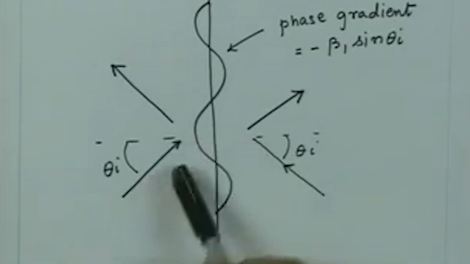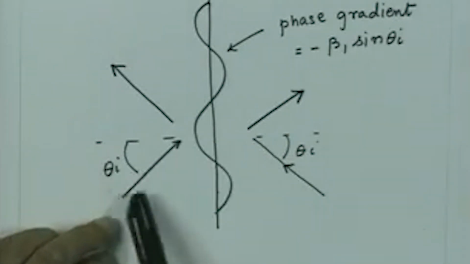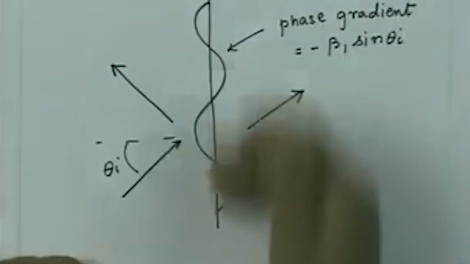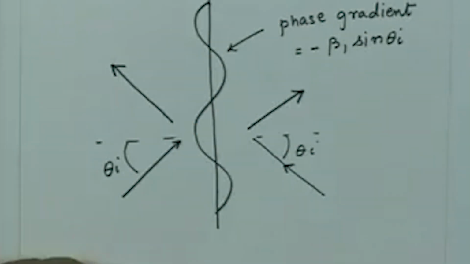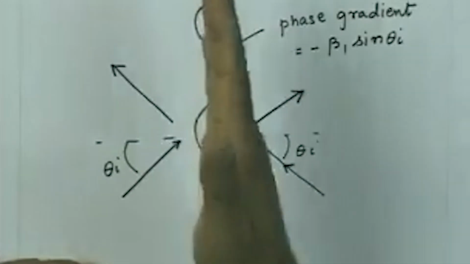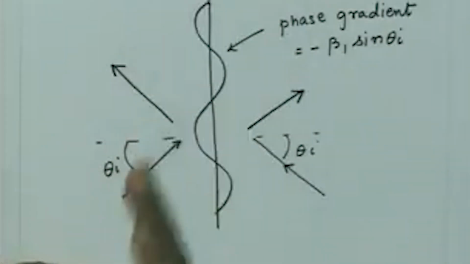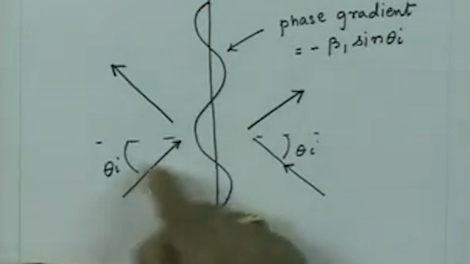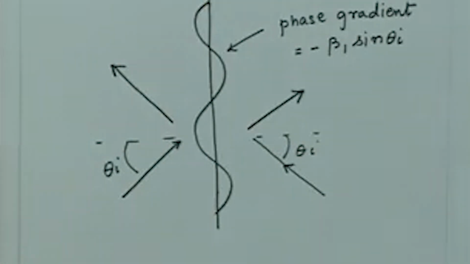Now, for this wave, the wave vector lies in the plane of the paper, which is the xz plane. So, if the amplitude is constant in this plane, if there is no phase gradient in this plane, then the wave normal lies in the plane which is the xz plane.